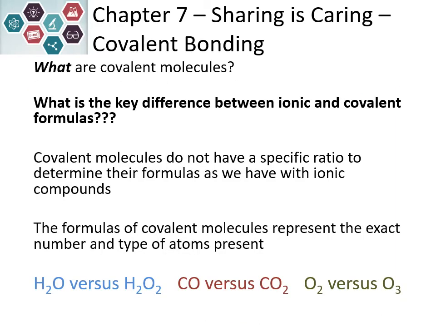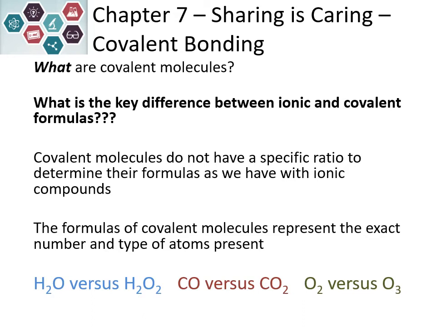The key difference between ionic and covalent is that covalent molecules are made of nonmetals and they do not have any specific ratio to determine their formulas. So we can have differing amounts of subscripts and those become different covalent compounds.